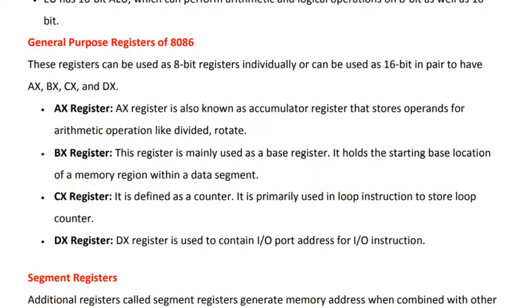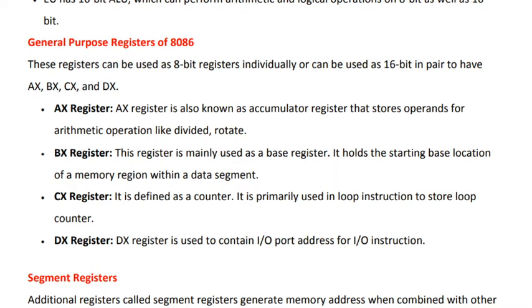Likewise, the CX register is also called the counter register. It is used to hold the counter value while performing looping operations, and in addition it is also used in string operations and shift and rotate instructions.